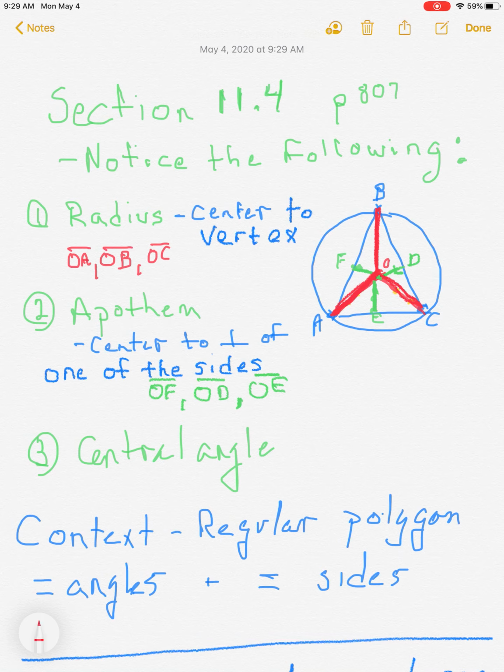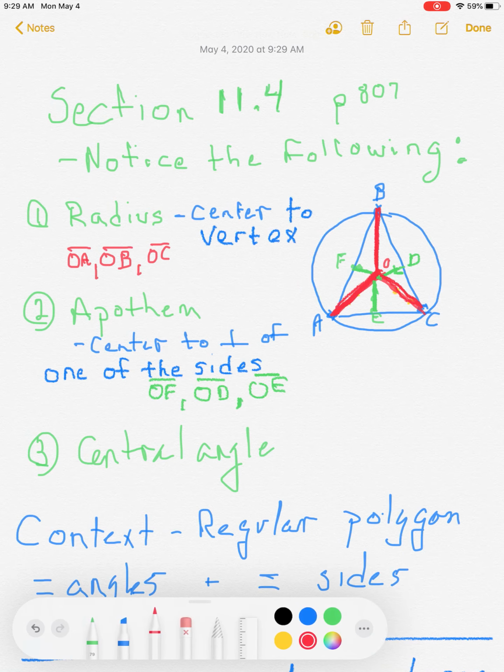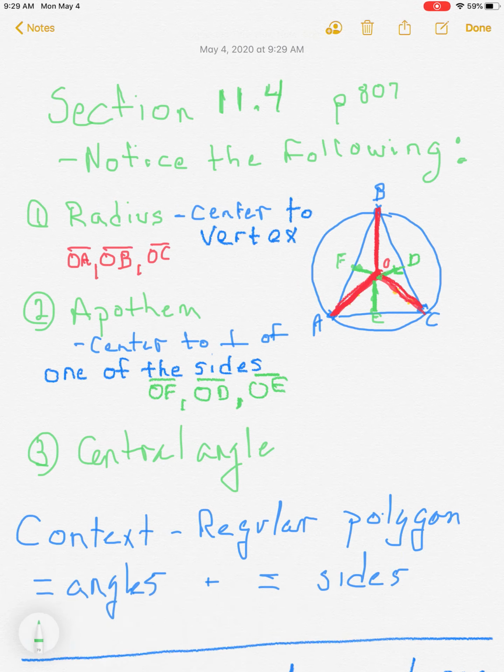For example, radius OA intersects A, which is the intersection of the lines AC and AB. In my figure, I have three green lines. Those are called apothems. This is the new term for this section. The apothem is defined as a segment that goes from the center to the 90 of any side. So I've got pictured here OD, that's an apothem. OF is an apothem, and OE is an apothem.